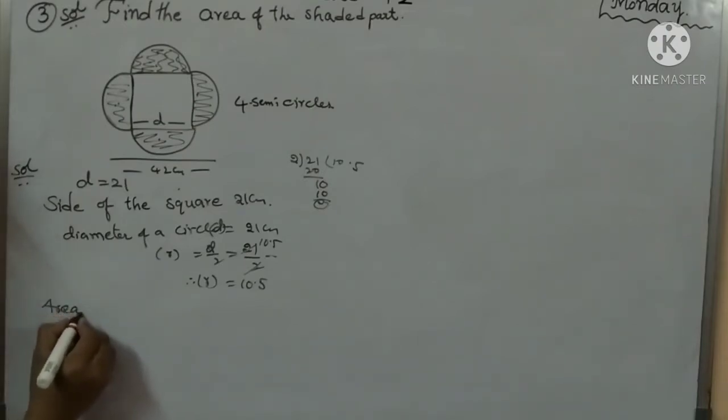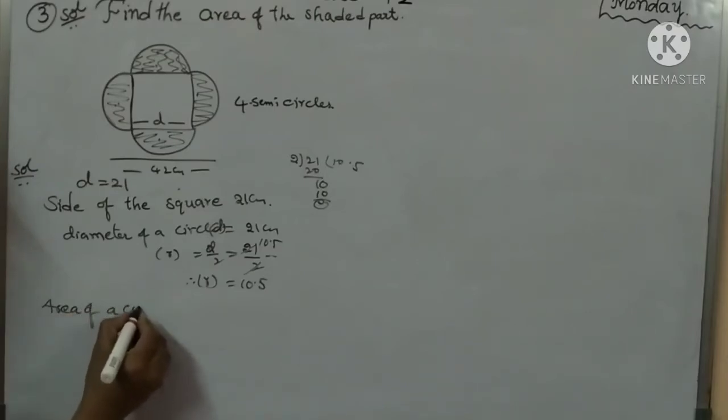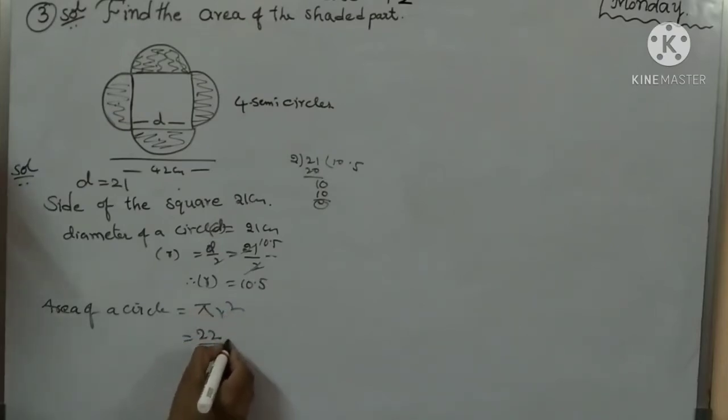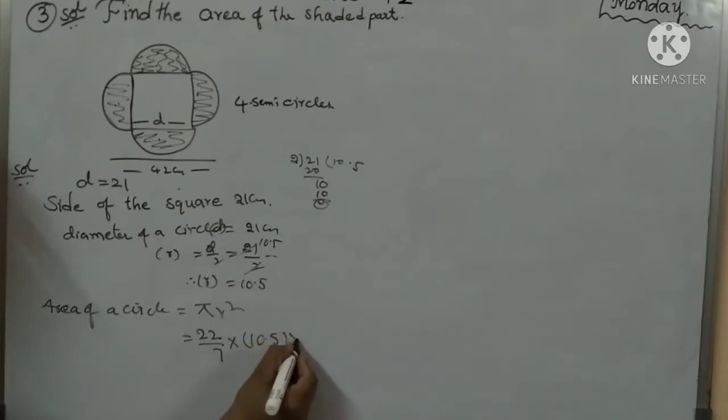So now area of a circle equal to pi r square. Pi is a 22/7 into r is a 10.5 into 10.5. Whole square means write 10.5 two times, 10.5 into 10.5.